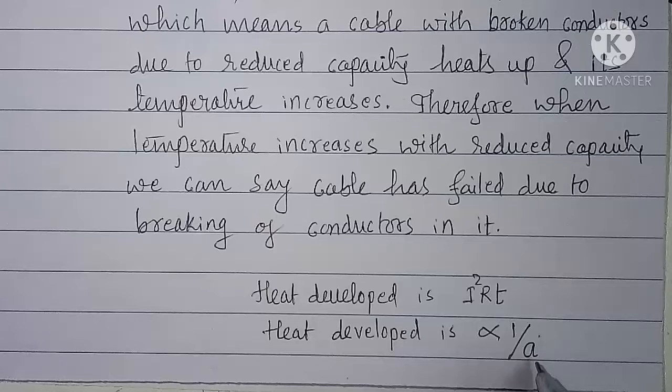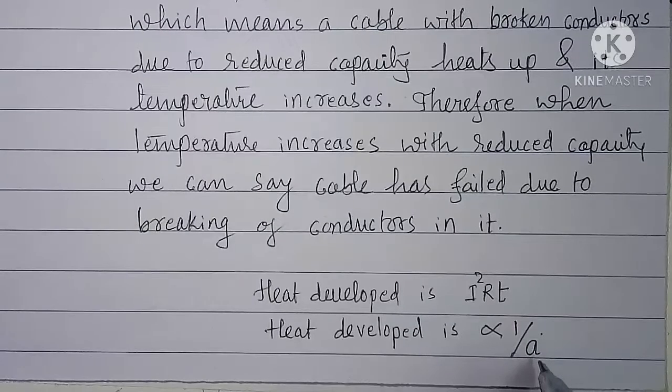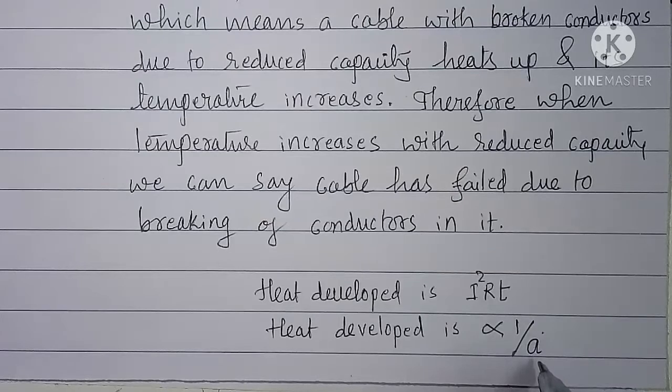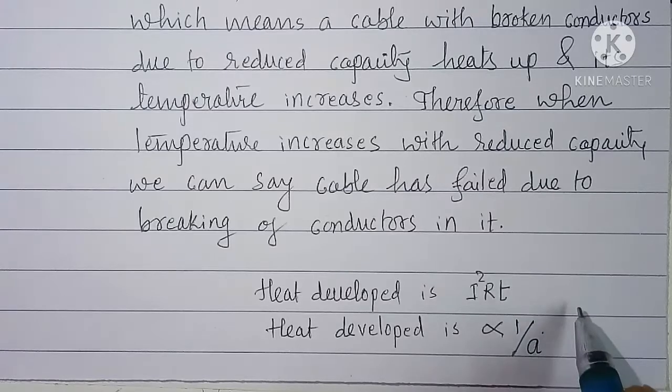When the conductors break, the effective area of conductors reduces, hence the resistance increases, and when resistance increases, for the same current flowing for the same time period, the heat developed will be more and the temperature of the conductor will become more.